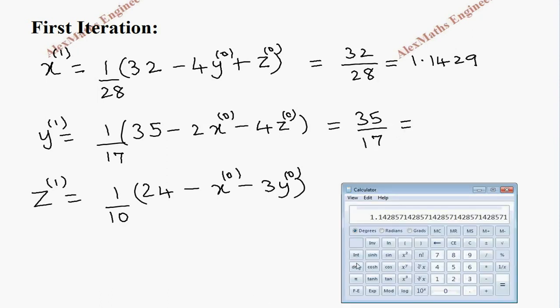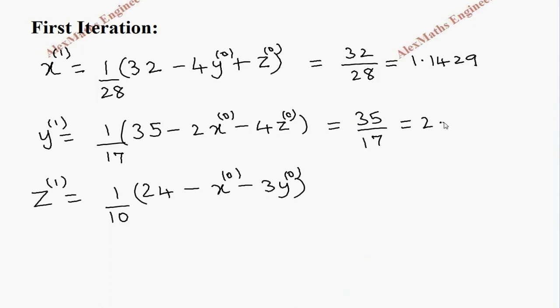Using the calculator, 35 divided by 17 is 2.0588. And the third value, 24 divided by 10, gives 2.4. So we got these three values at the end of the first iteration.